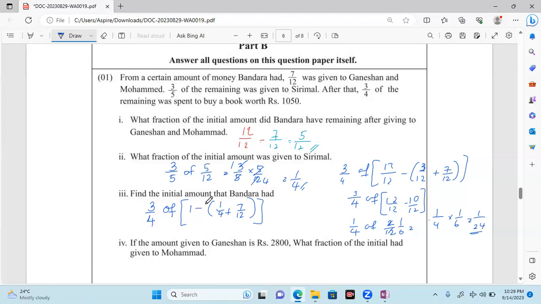Then 3/4 of this remaining amount. Okay. Remaining amount again.